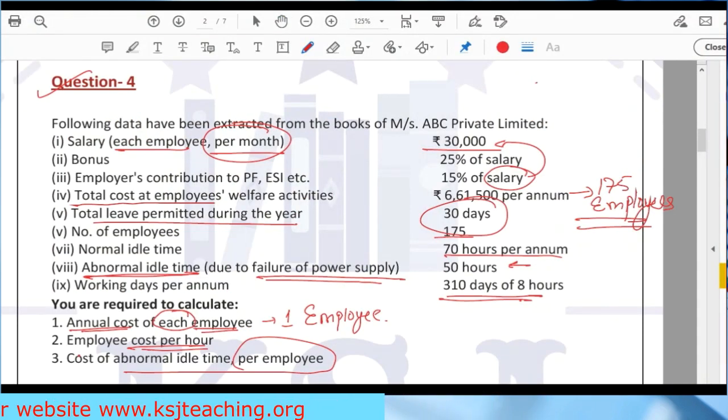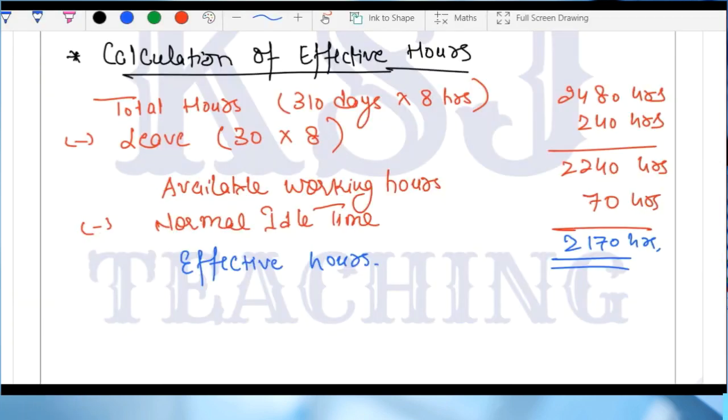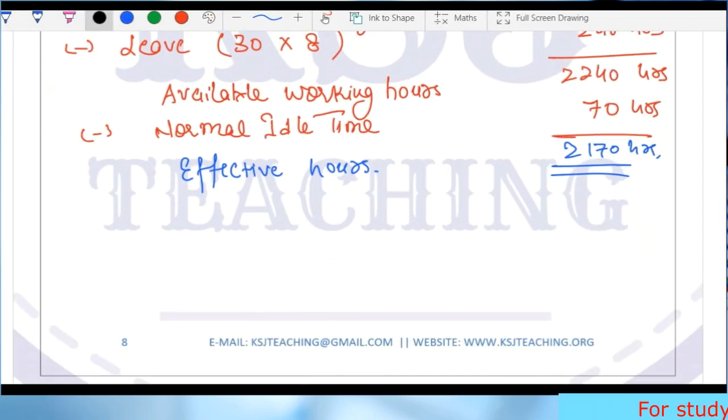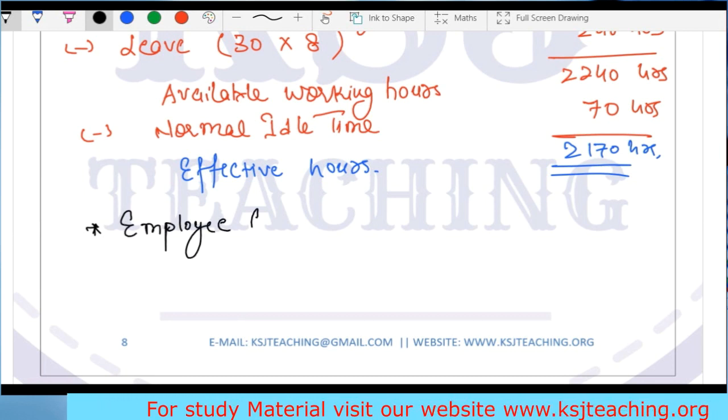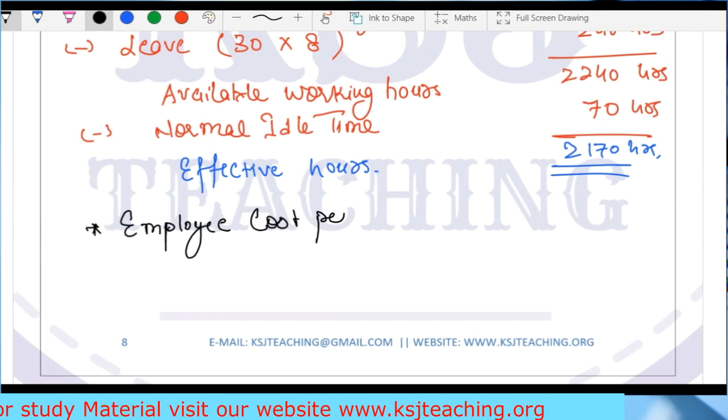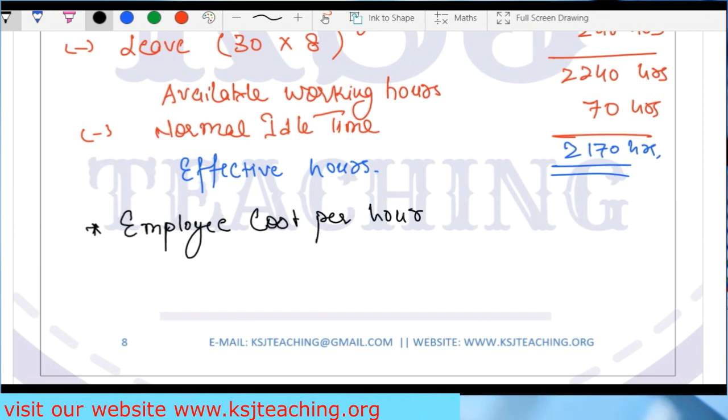Now, what is the requirement? The question says the annual cost of each employee we have done. Says employee cost per hour, right? So, what you have to write is employee cost per hour. That is total cost.